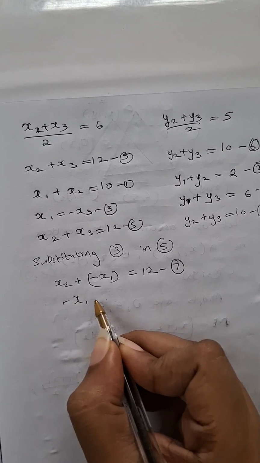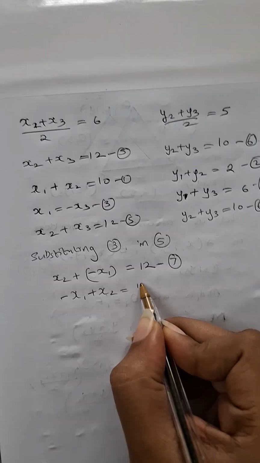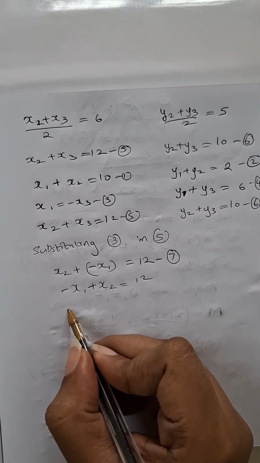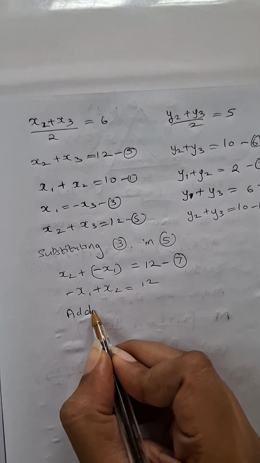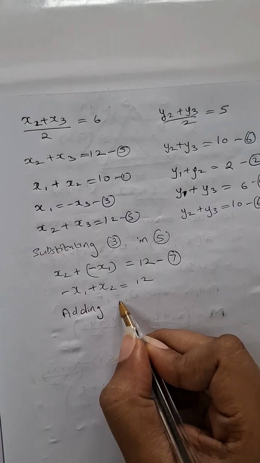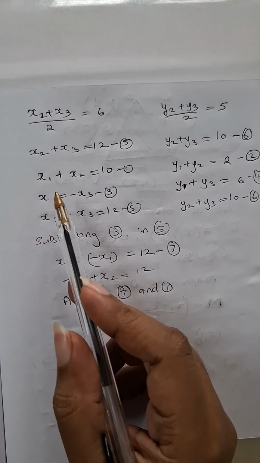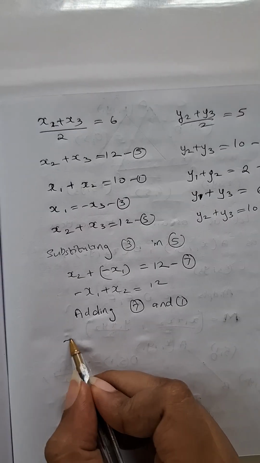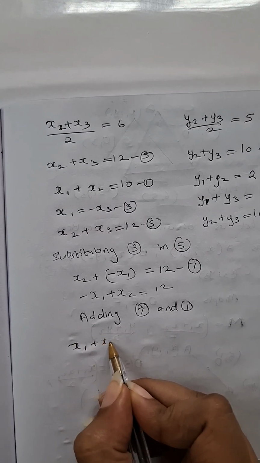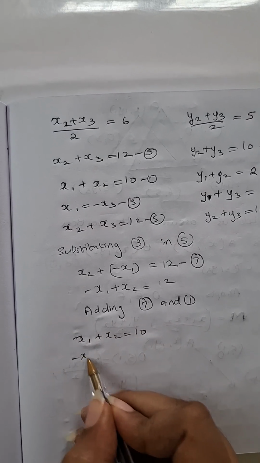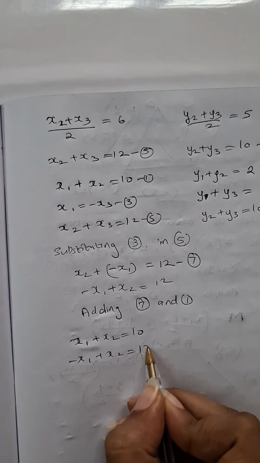Now adding 7 and 1, because it is in terms of x1 and x2. My x1 plus x2 is equal to 10, minus x1 plus x2 is equal to 12.